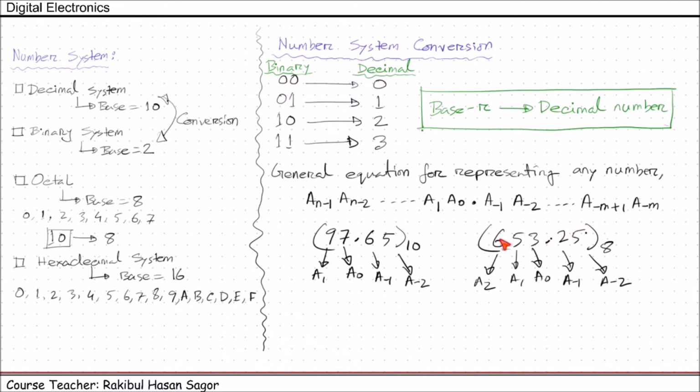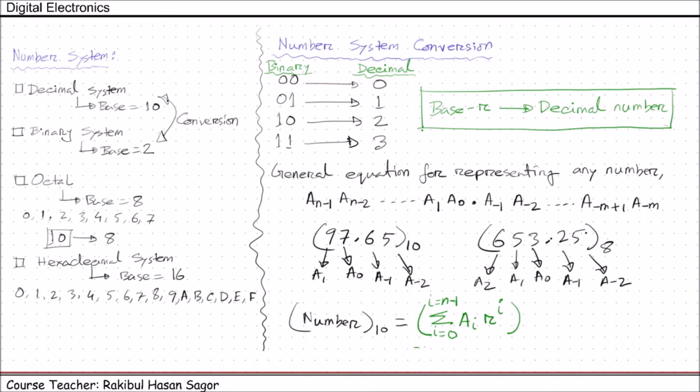So if we want to convert from a base R number system to the decimal number system, the general equation will be: number in decimal equals the summation of ai r to the power i. Here r is the base, and i goes from 0 to n minus 1.